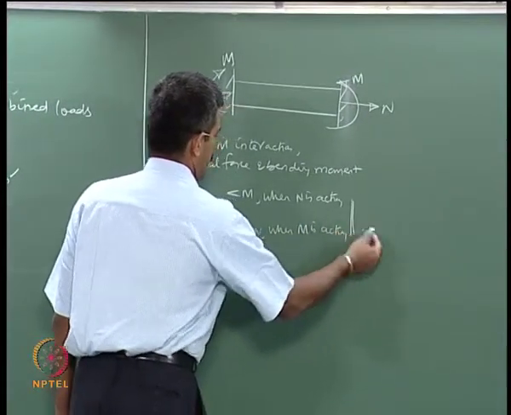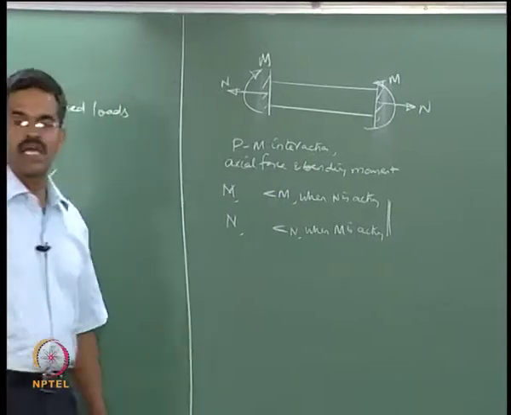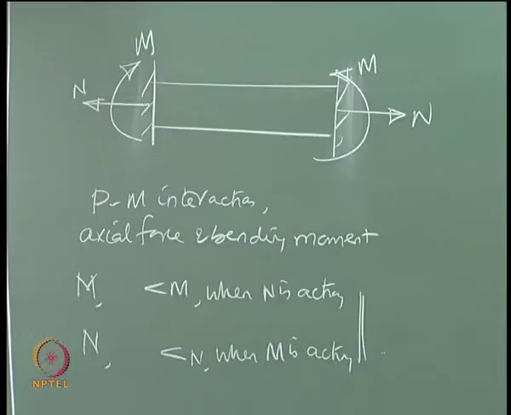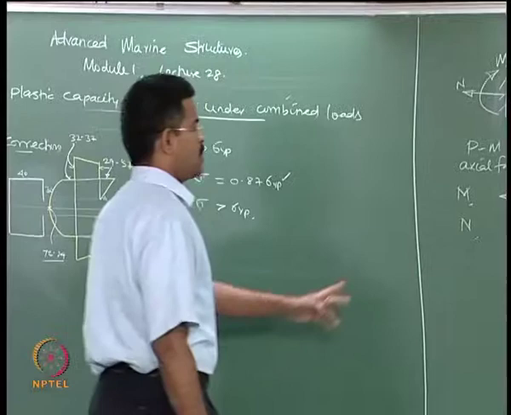When N and M are interacting together in a given section, there is an influence of one on the other which reduces the effective load carrying capacity both in bending and in axial force. This is what we are going to study today.